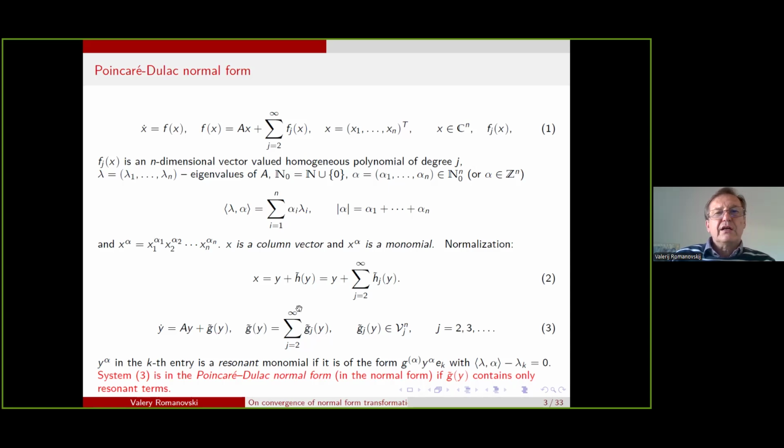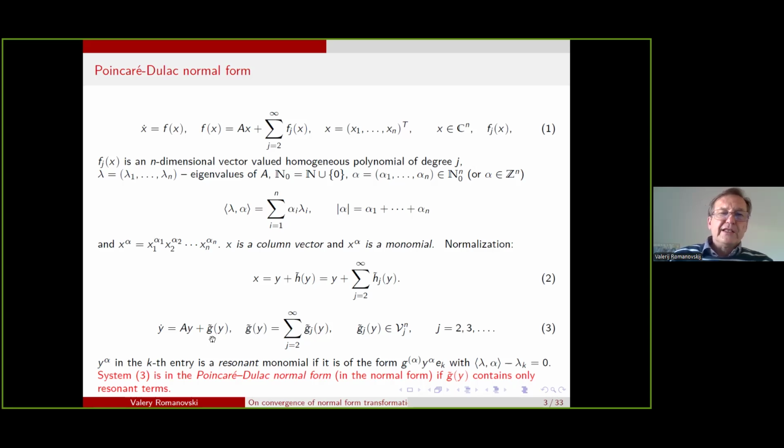The main idea of normal form theory is to find a transformation which transforms our original system to a simpler system, as simple as possible, system 3.